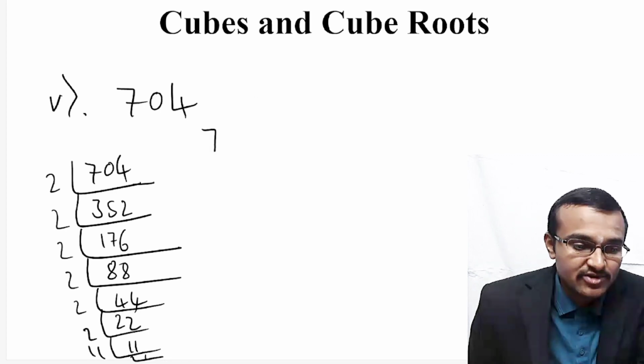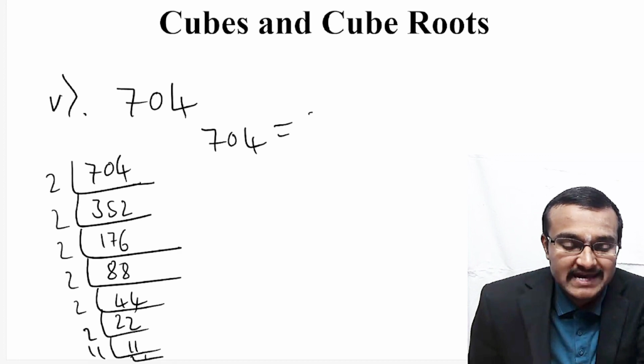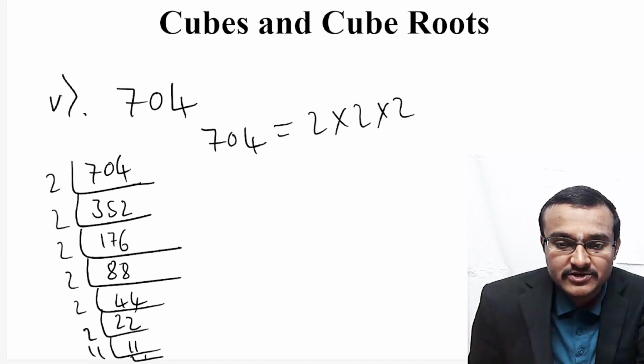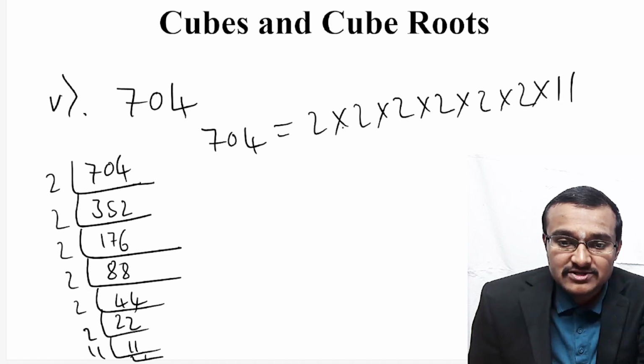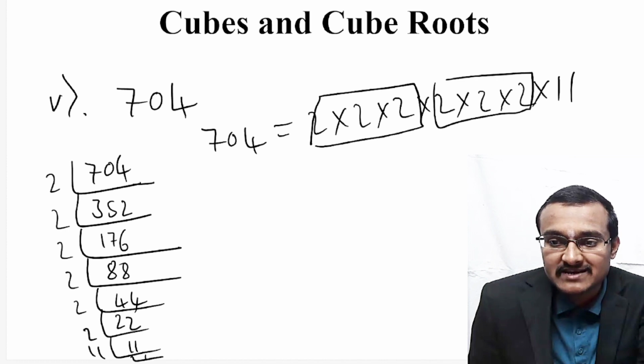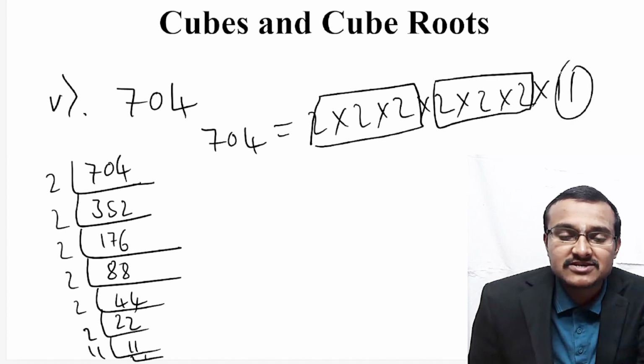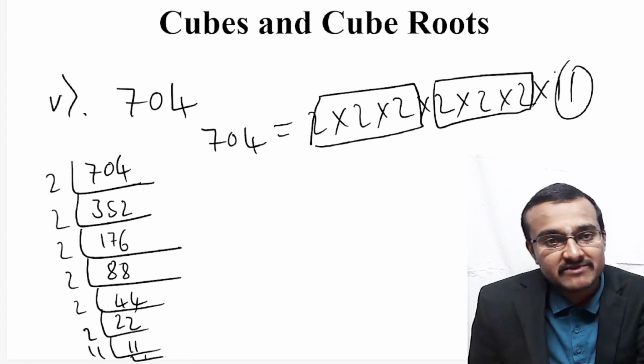Here you can clearly see 704 can be expressed as 2 into 2 into 2 into 2 into 2 into 2 into 11. These three 2's can group with each other, these three 2's can group with each other, but this 11 has no other two 11's to group with.